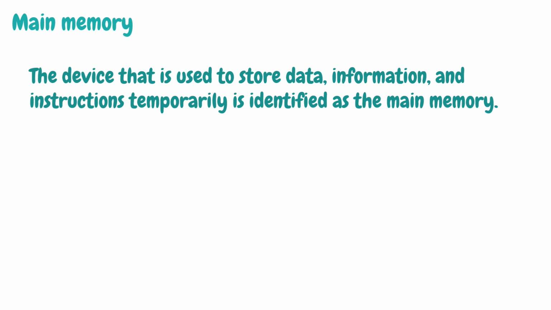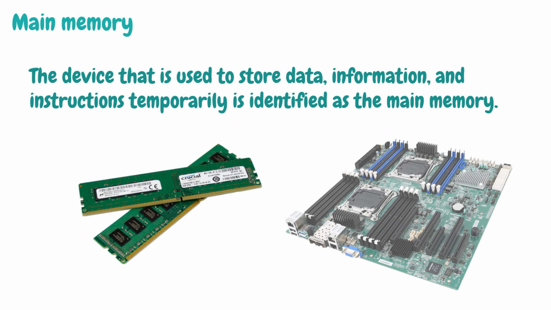Next, the main memory. This device is used to store data, information and instruction temporarily. It is called main memory. It is also known as RAM. Just like the CPU, RAM is fitted on the motherboard, which means you cannot see it from the outside.